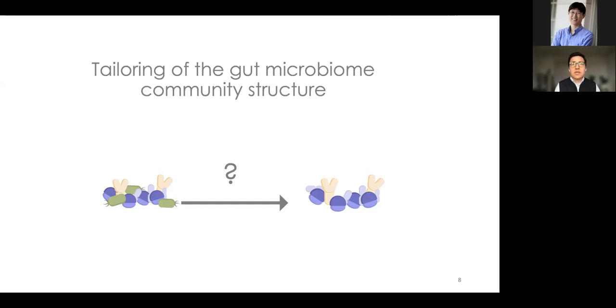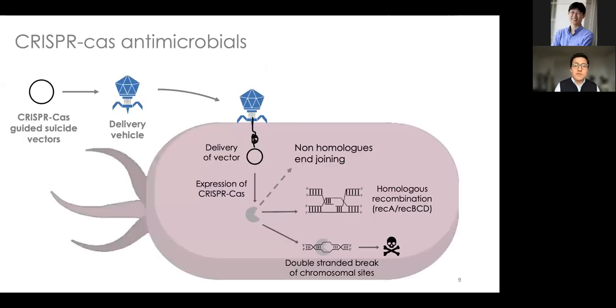And to do that, we came up with the concept of CRISPR-Cas antimicrobials. The idea is to deliver a DNA vector with the instructions to express a CRISPR-Cas system to do self-targeting in the chromosome of the bacteria.